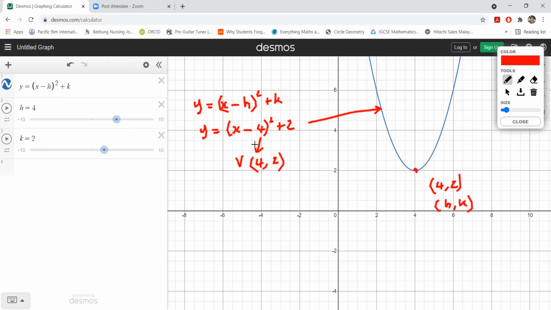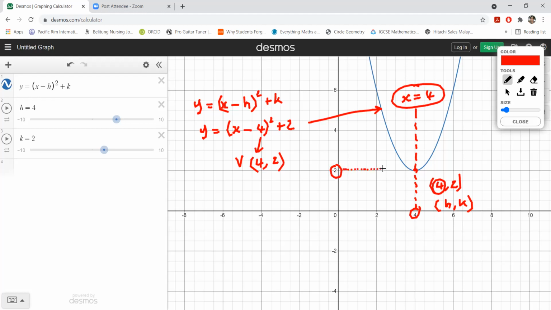Okay, for the vertex. Your line of symmetry goes this way. And that is x equals, what's this number? 4. Here, 4. X equals 4. So that's your line of symmetry. Okay, your minimum value. Look at this number here.